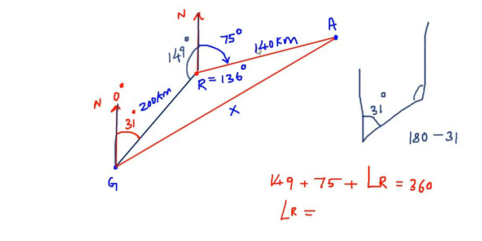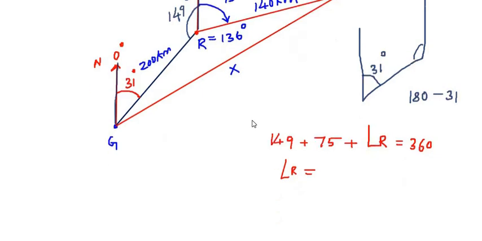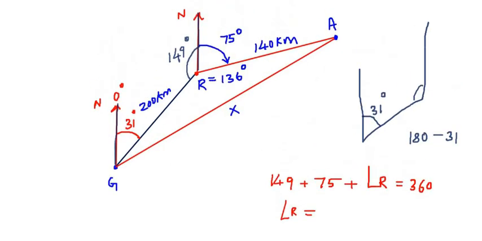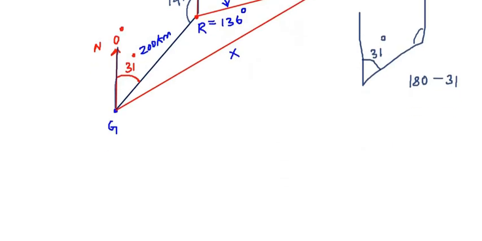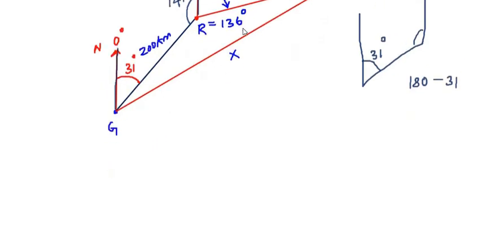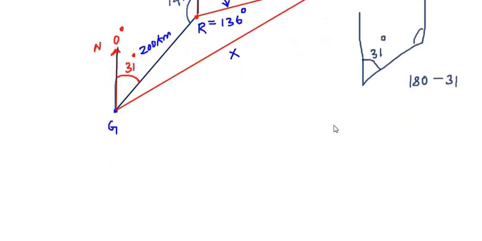Now here we have two sides given and an angle in between the two sides. That means this triangle can be solved using the cosine rule. So here the cosine rule, let me see how to write it. Let me erase this. So the cosine rule is written as, I'll start with the x side.